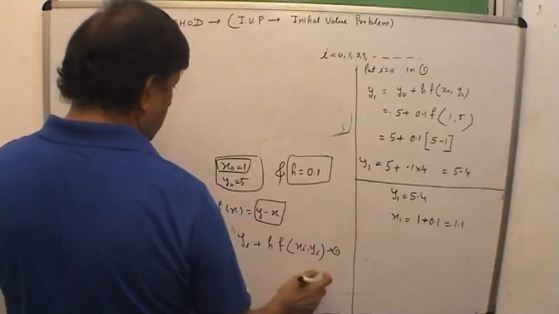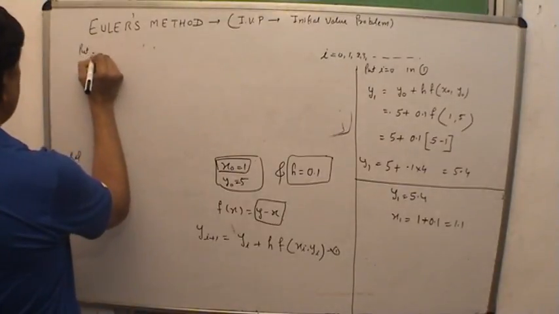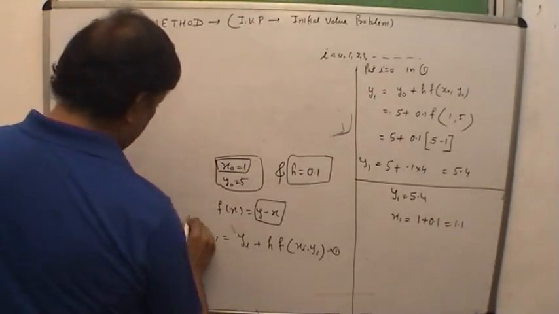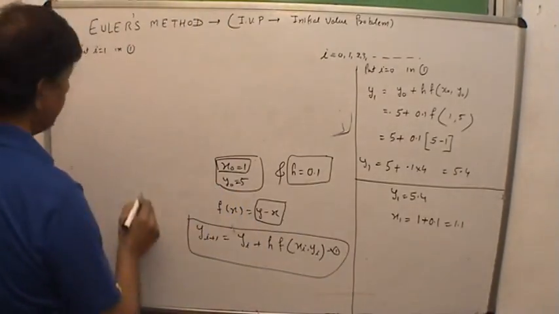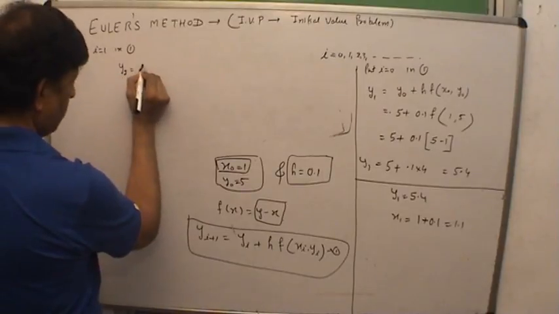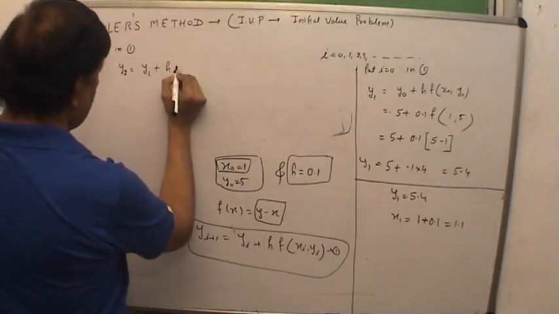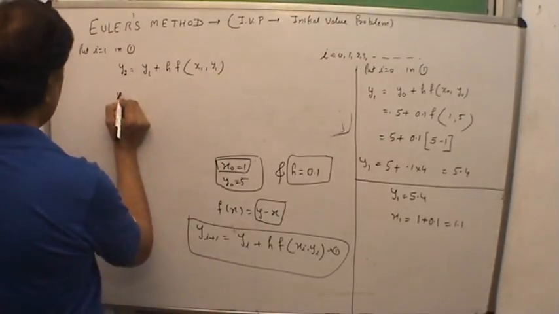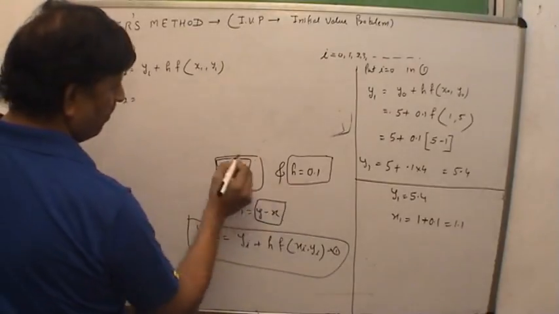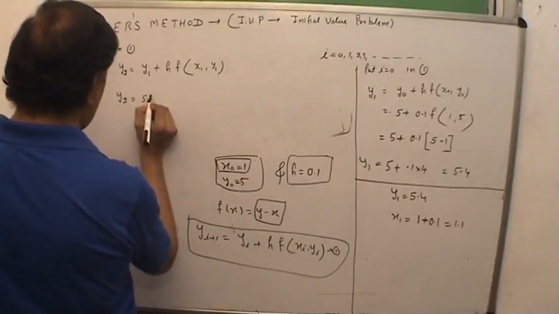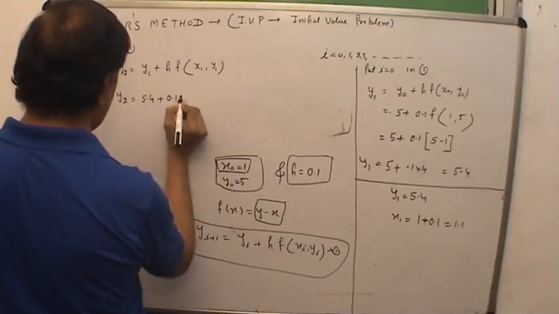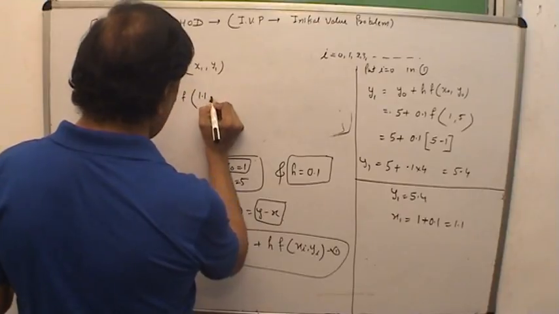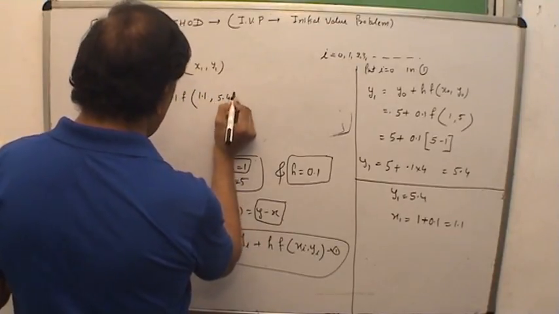That is, put i is equal to 1 in 1. Now if we put i here, we get y2 is equal to y1 plus h times f of x1 comma y1. It means y2 is equal to, what is y1? That is 5.4, plus h, 0.1, into f of x1, y1. x1 is 1.1 comma 5.4.